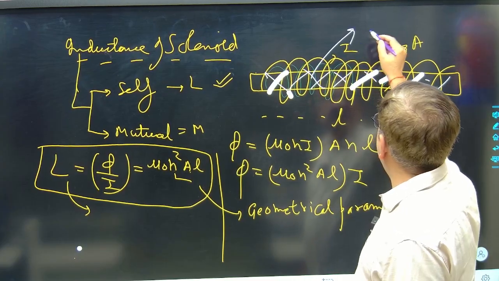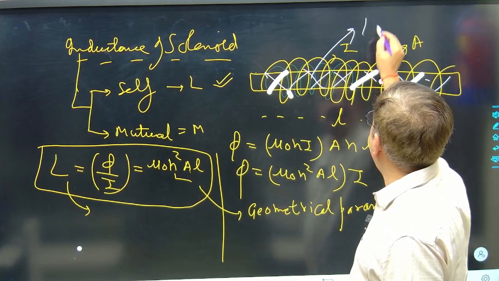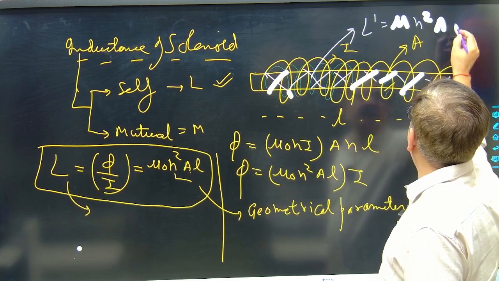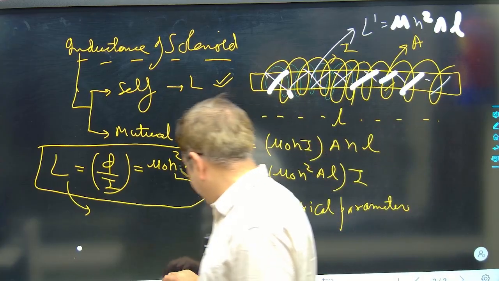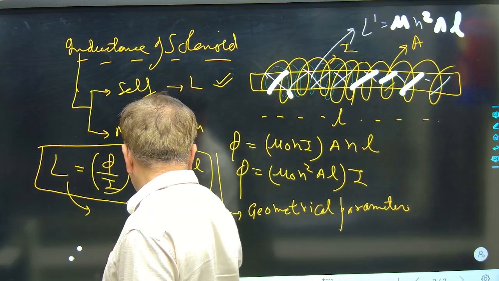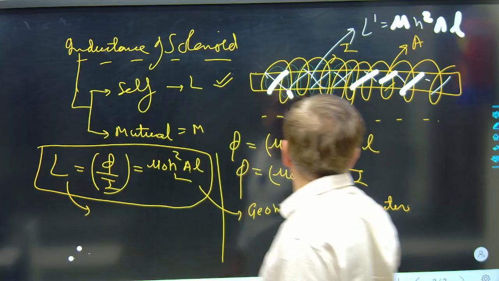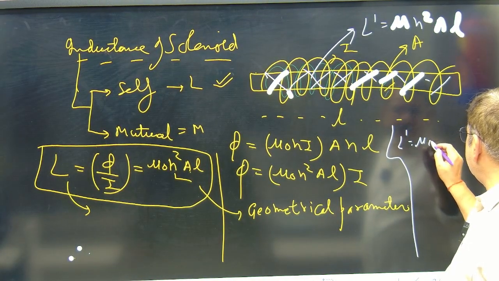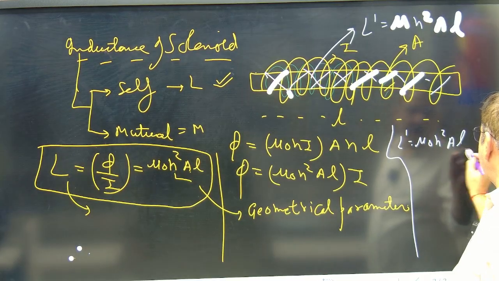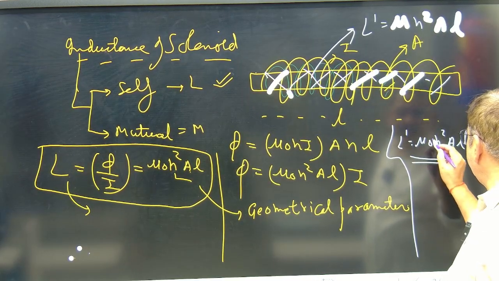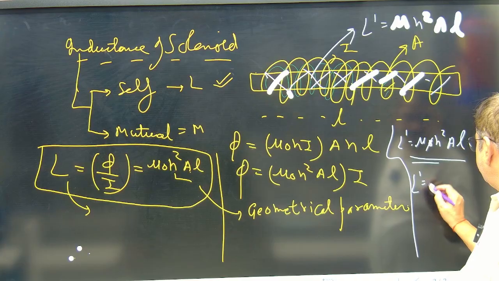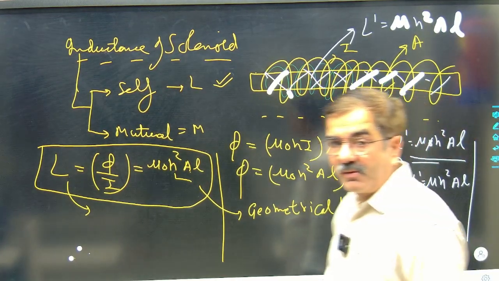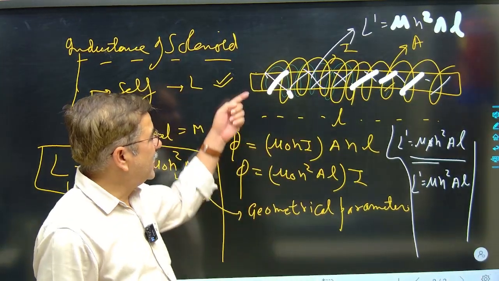So the self inductance L dash will be mu times N square A into L. The new L dash, instead of mu naught, becomes mu, so L dash is mu times N square A into L. The medium also creates a change.